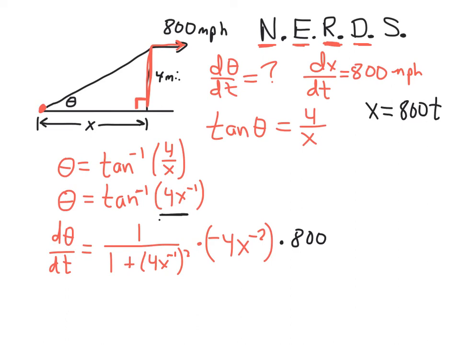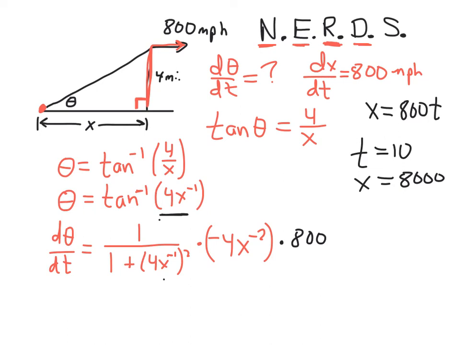All right, now all we'll have to do is plug in our values for x. Now, in the question, it said that we want to look at what happens when t equals 10 hours. So notice that when t equals 10 hours, x will be 8,000 miles.